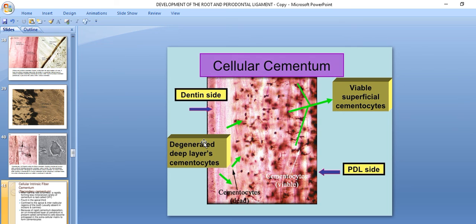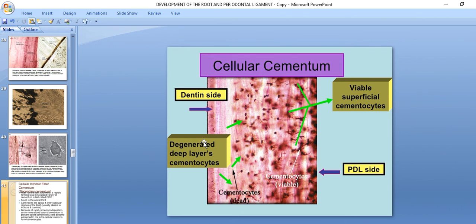Cellular intrinsic fiber cementum is produced solely by cementoblasts. It contains no Sharpey's fibers. The cells are distributed with variable density, and in places no cells are visible. Sometimes this is acellular intrinsic fiber cementum.